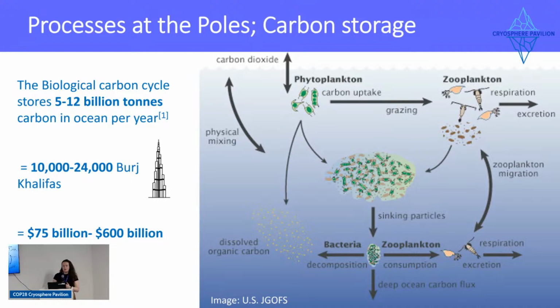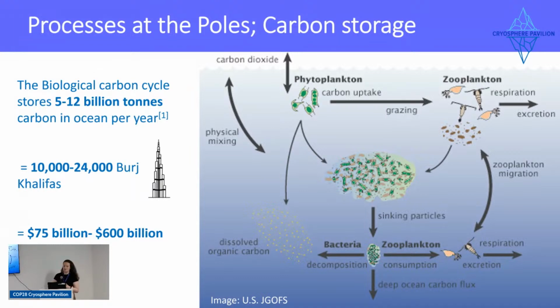On top of sustaining food webs and sustaining fisheries, a really important part of that zooplankton, phytoplankton dynamic is carbon storage. So the ocean has a huge capacity to store carbon just by dissolving atmospheric carbon into the water. But this process can then be kick-started and intensified by the animals that live there.